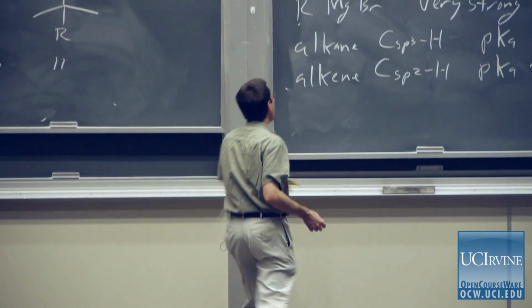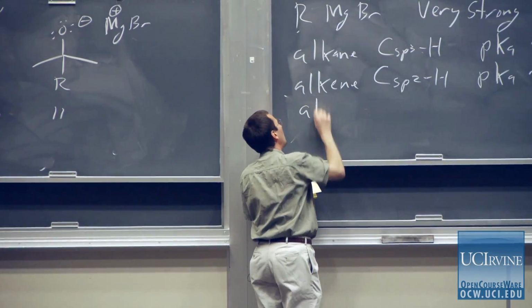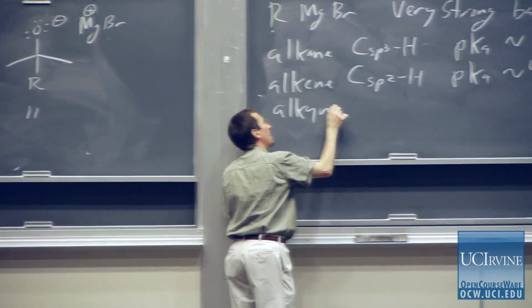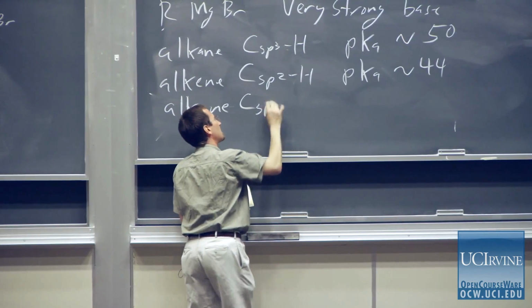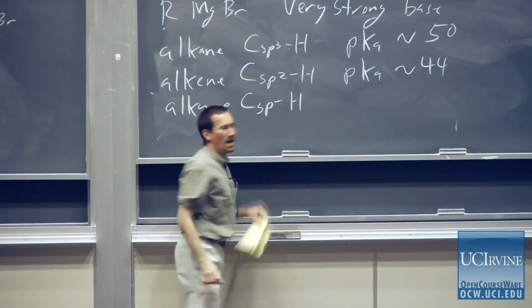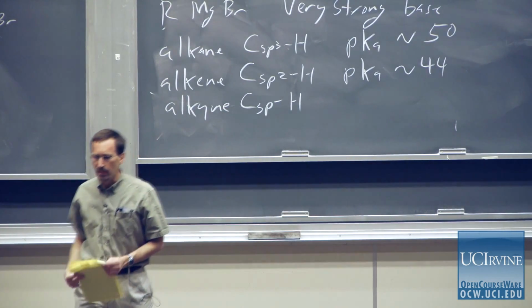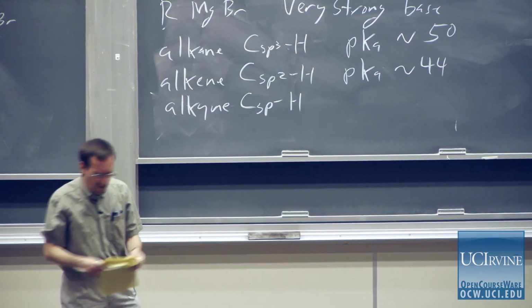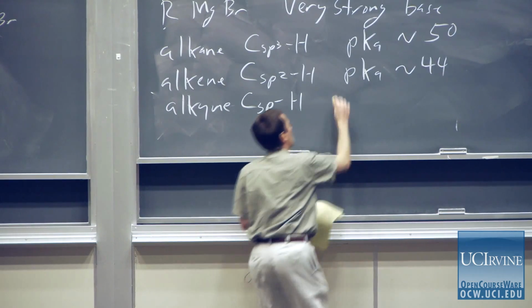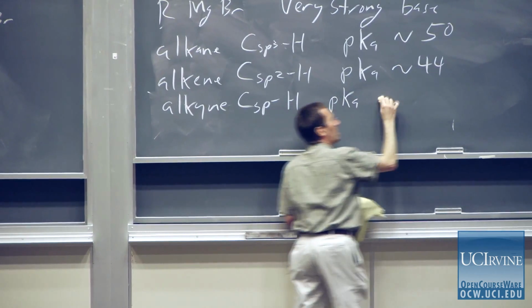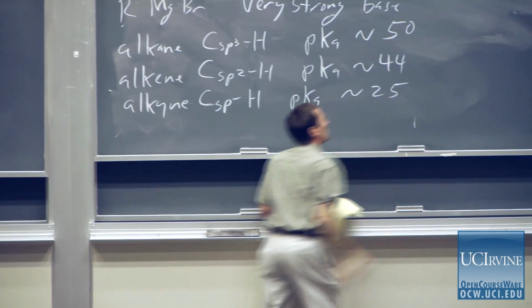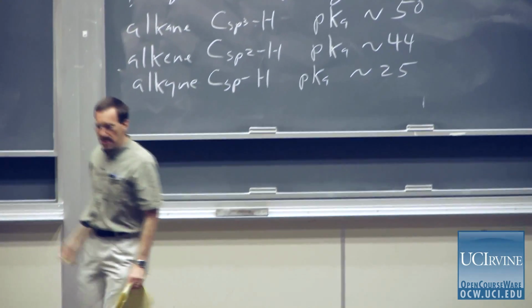Now, by the time you get to an alkyne, you've got 50% s character in your CH bond. And now these are reasonably acidic. They're still very weak acids. Your pKa is only 25. That's really, really, really weak still.